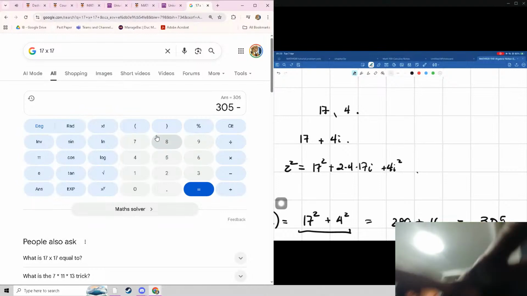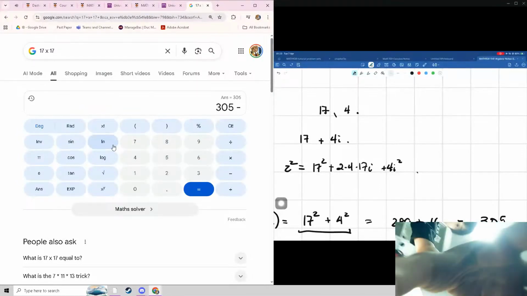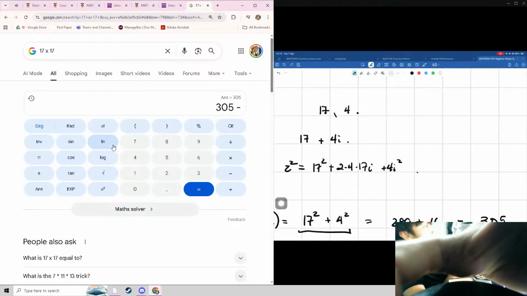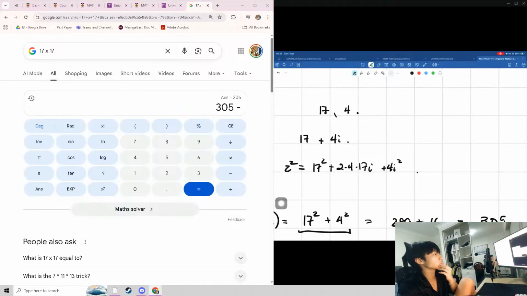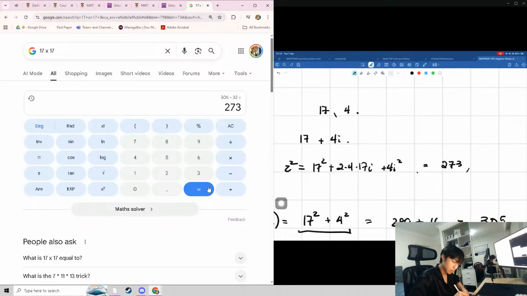So from 32 to 73, and this number, 2 times 4 times 17, 8 times 17, 136.